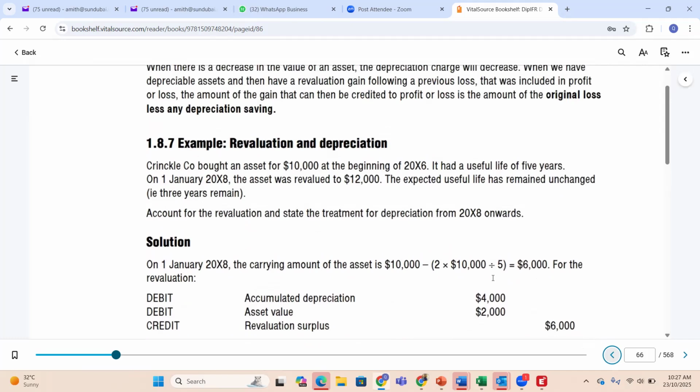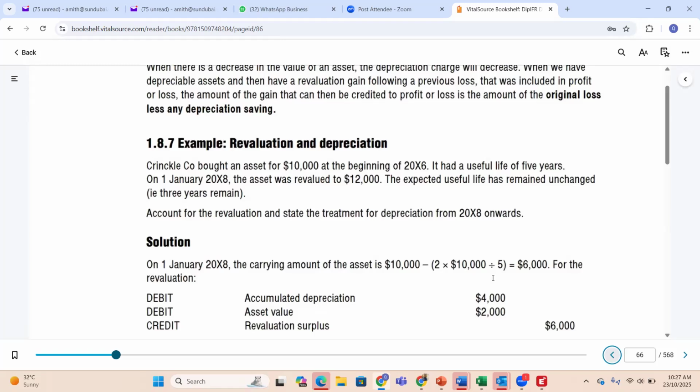How did they get 2,000? 6,000 divided by 3. New depreciation minus old depreciation. No, you tell me how. New depreciation minus old. What is new depreciation?